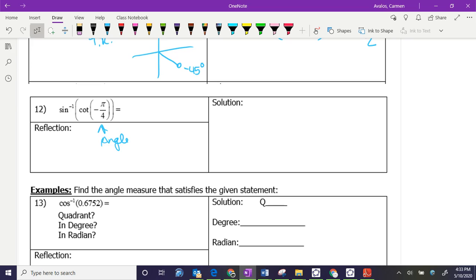This one here is not the inverse, so it doesn't have to be restricted. So it's either going to be in quadrant 2 or quadrant 4. Either one would work. The only thing is that in quadrants 2 and 4, sine is negative in either one, so it doesn't really matter in this case.